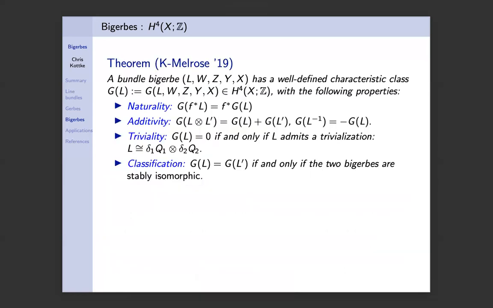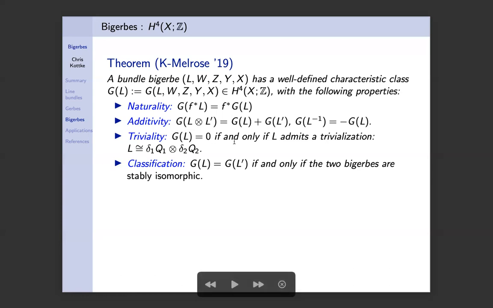So then the theorem is that this has all the right properties. You can associate to this a well-defined characteristic class in degree 4, which we call G for gerbe, and it has the properties that you expect. It's natural with respect to pullbacks, additive with respect to products, and inverses have the opposite characteristic class.